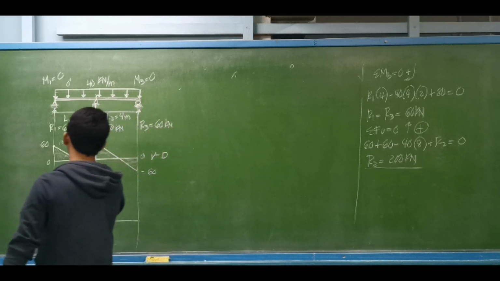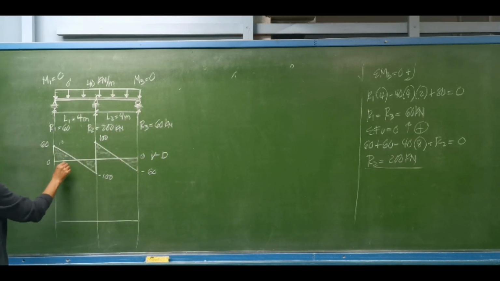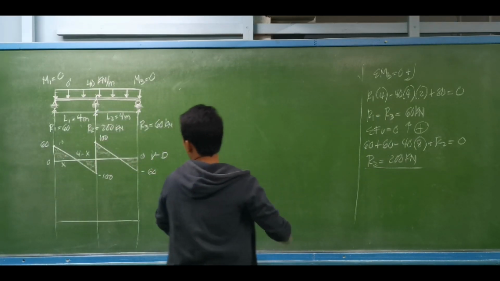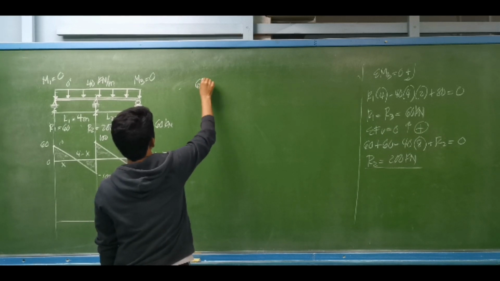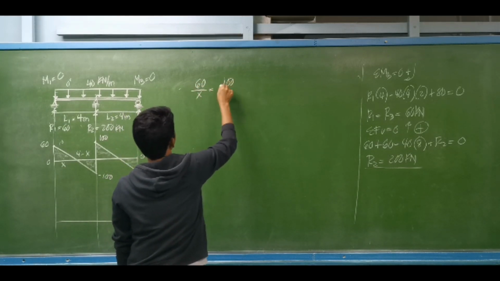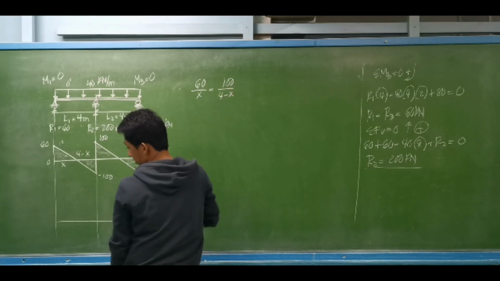For the moment diagram, on this triangle, let's say this is x, so this is obviously 4 minus x. By ratio and proportion of similar triangles, we have 60 is to x equal to 100 is to 4 minus x.